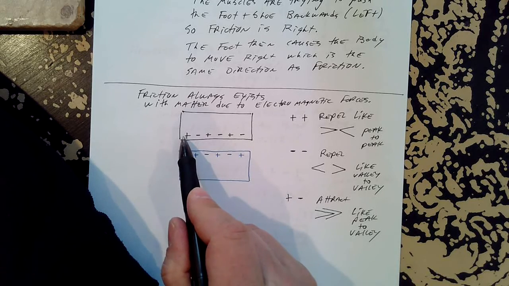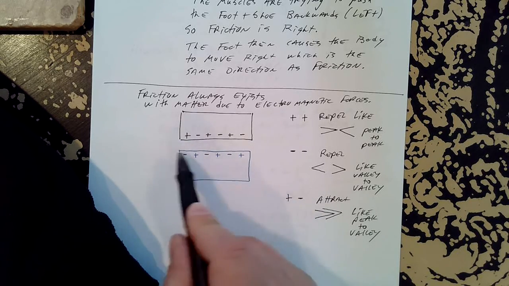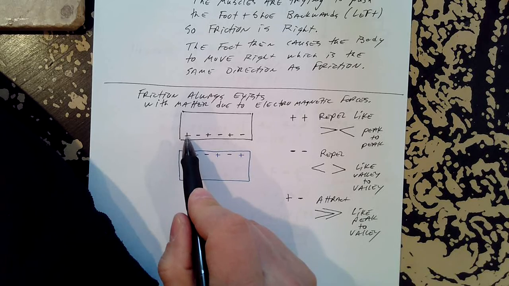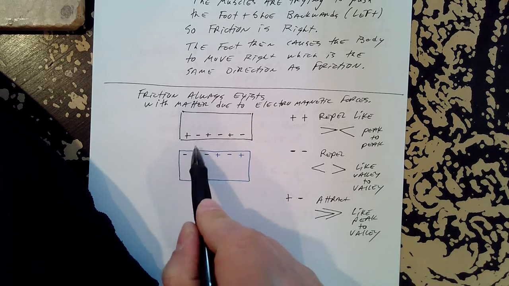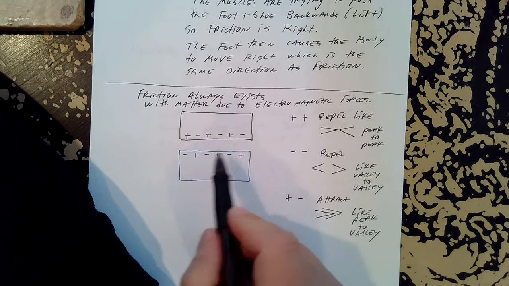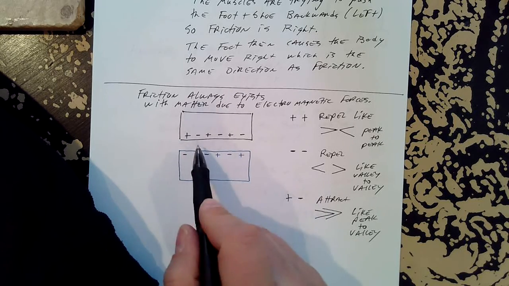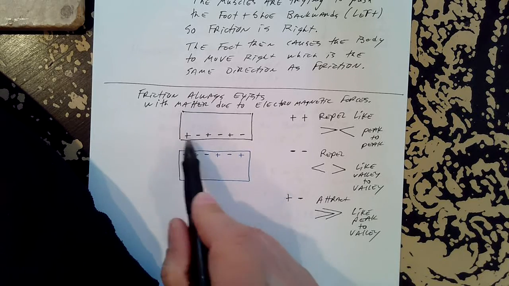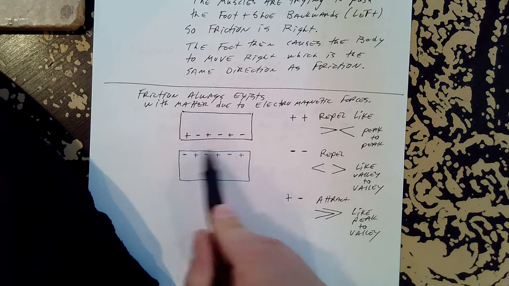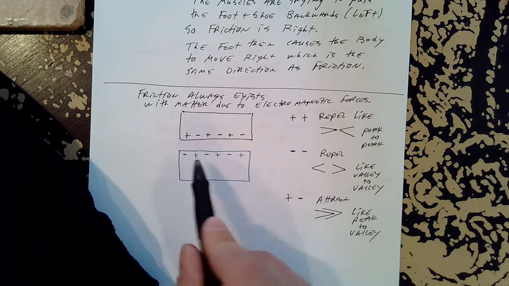So it will create this kind of an alignment where you have a positive directly opposite a negative, and so on. Now, when you have that situation, you essentially create the peaks and valleys that we talked about. These are just electromagnetic peaks and valleys, right?